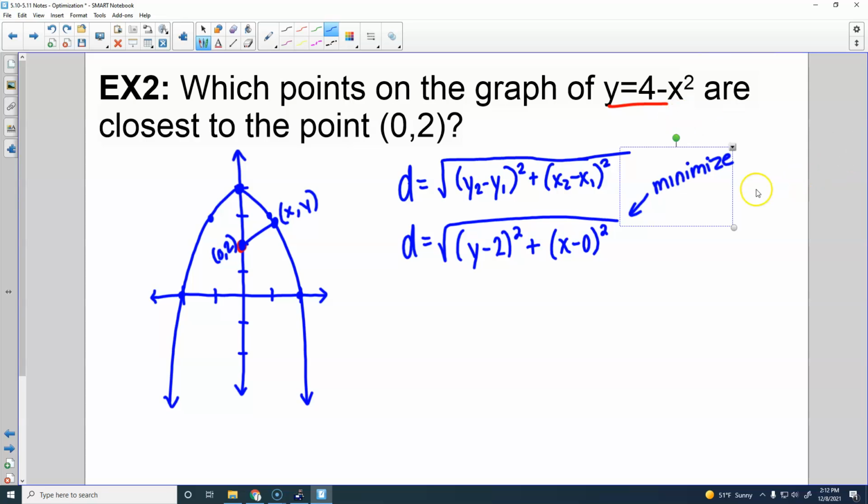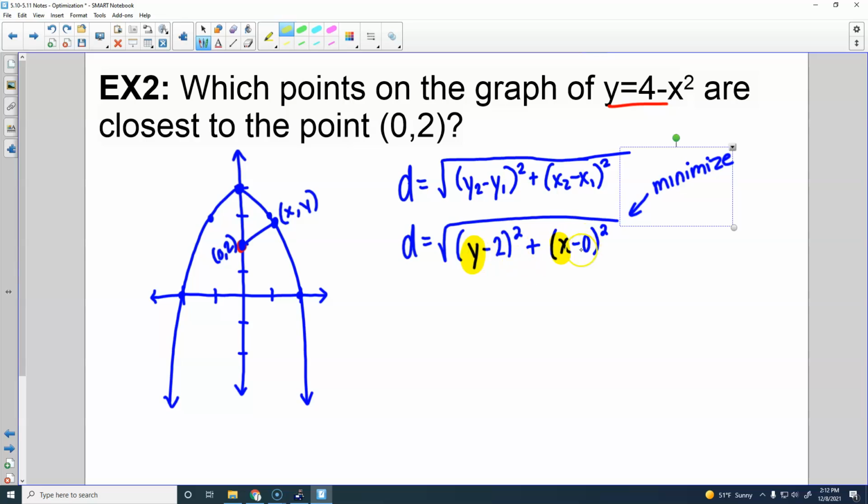Okay, so we need to minimize this. What's the problem, though? Letters and numbers don't add together. In general, for these problems, you do not want to try to take the derivative while you still have two variables.